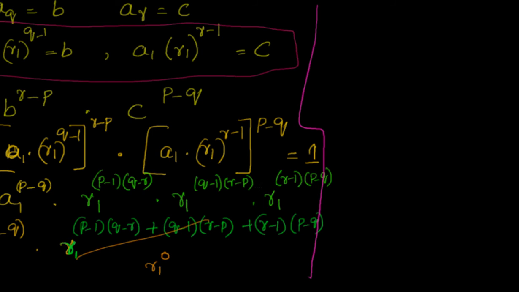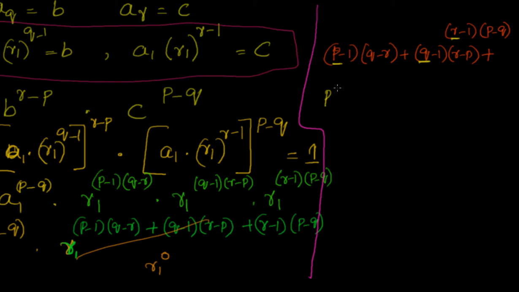This proof, which says p minus 1 into q minus r plus q minus 1 into r minus p plus r minus 1 into p minus q. Now first I will take only the first terms. So p into q minus r, q into r minus p, r into p minus q. So I can write p into q minus r plus q into r minus p plus r into p minus q.